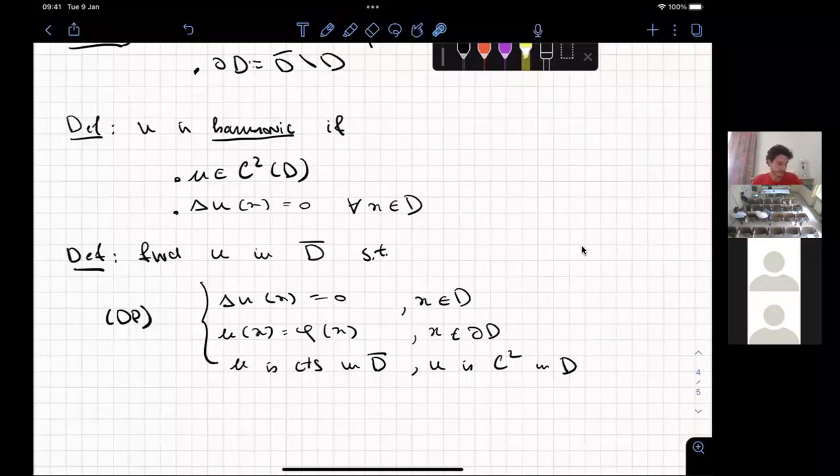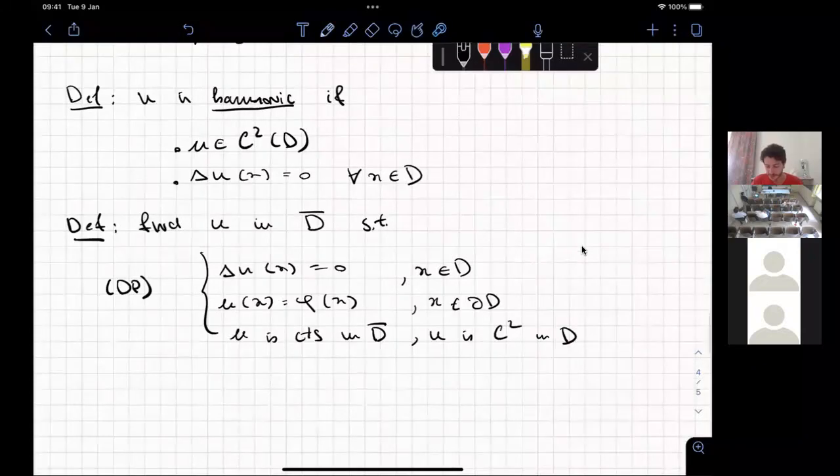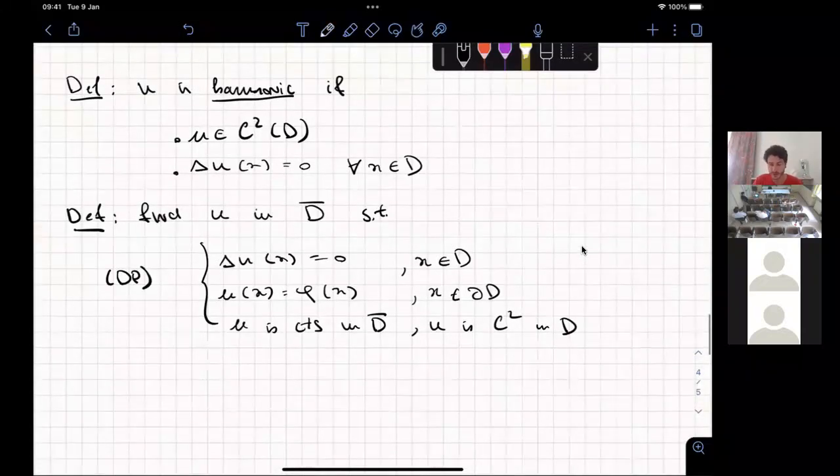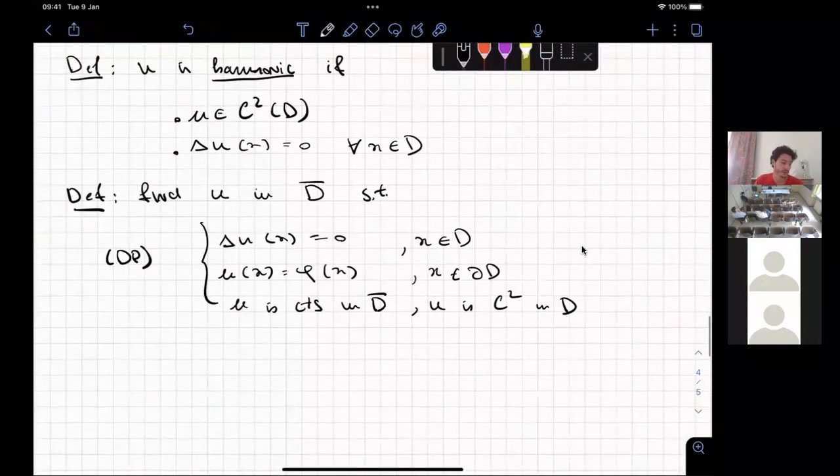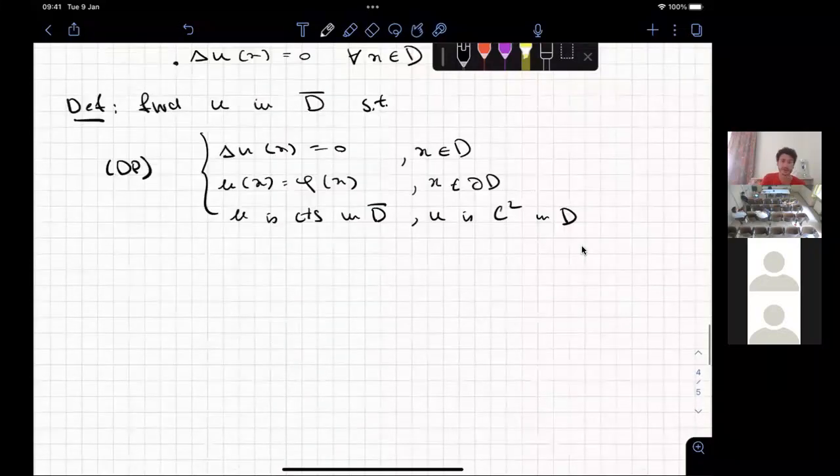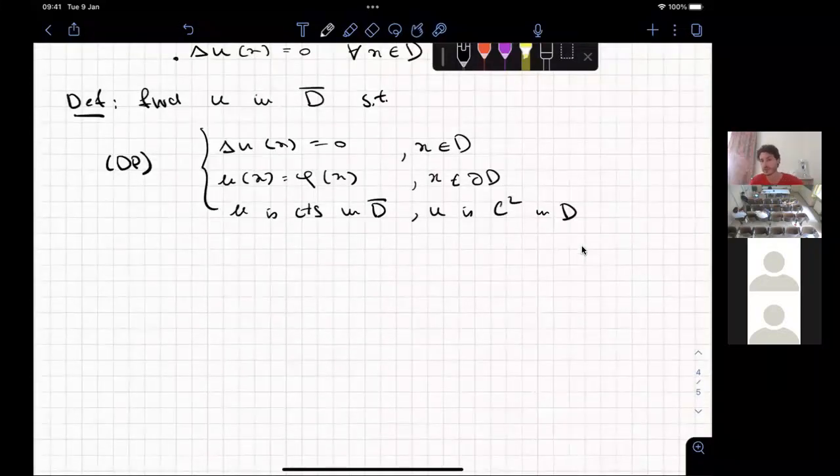But the thing is that there is a nice way to characterize harmonic functions, and it is the so-called spherical mean property. And this will be one of the two key points to prove the relation with the probabilistic formula.